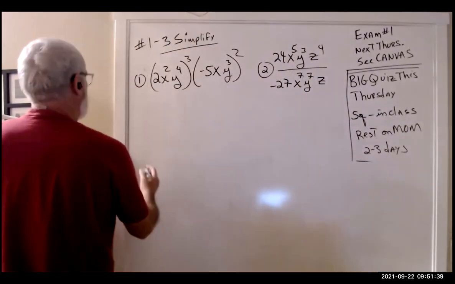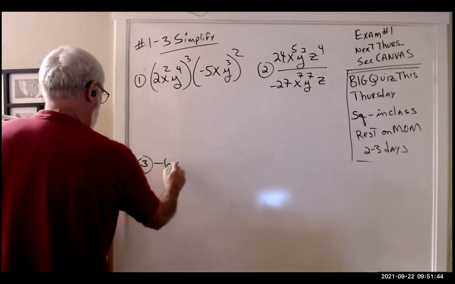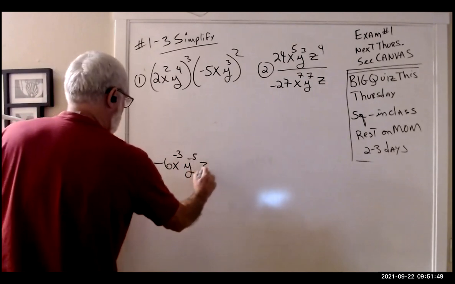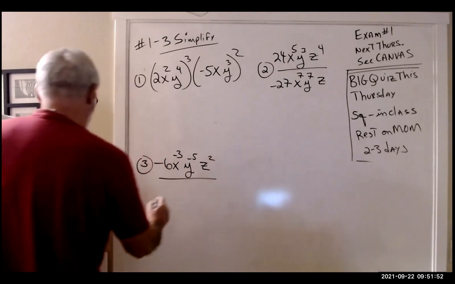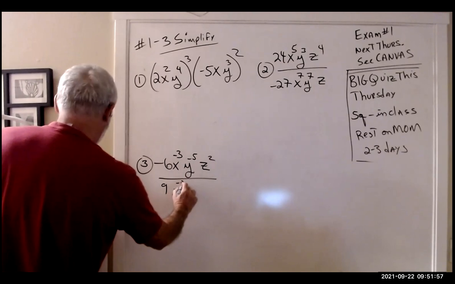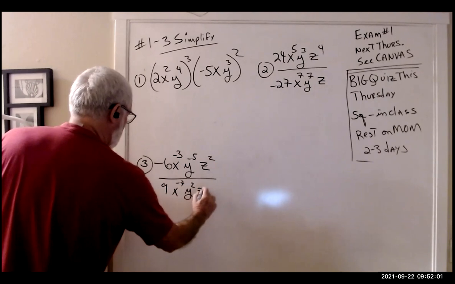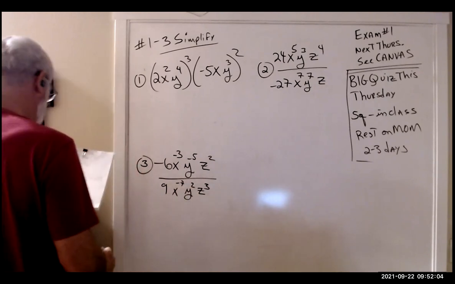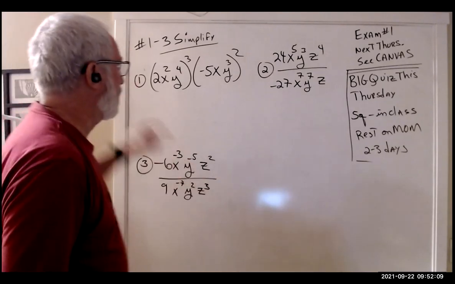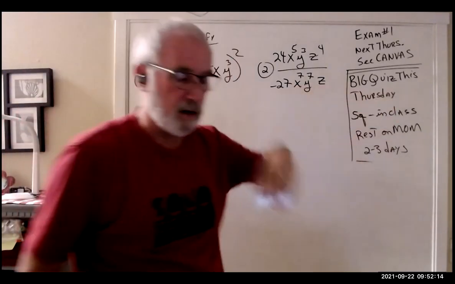And the third one: -6 x to the -3, y to the -5, z to the 2nd, over 9 x to the -7, y to the 2nd, z to the 3rd. Okay, that could possibly take you another time. By the way, these are another preparation for Thursday.